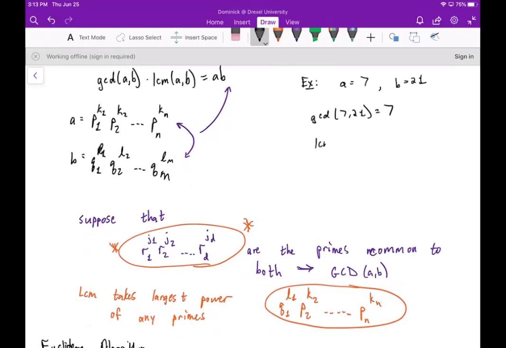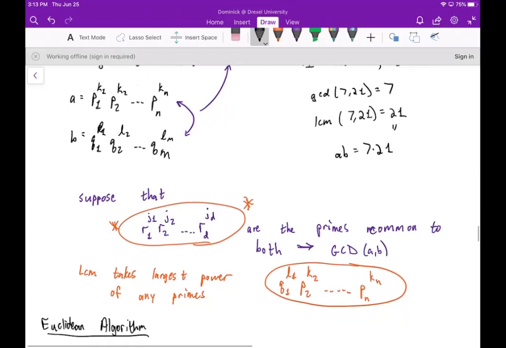And the LCM of 7 and 21, of course, is 21. And if you multiply A times B, that's just 7 times 21, right? And of course, you would see that those products would be equal. Now, of course, this is an example where you have one being a multiple of the other, so it's maybe a little bit easier to see, but you can try it on your own for some other numbers and see that this will work out every time.